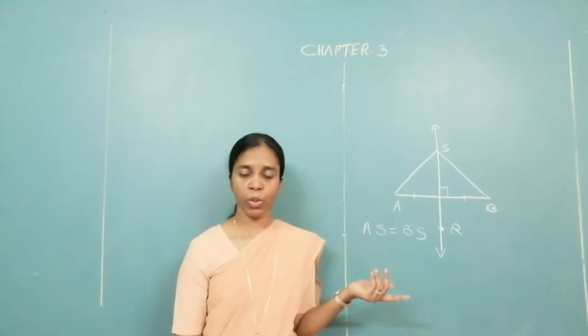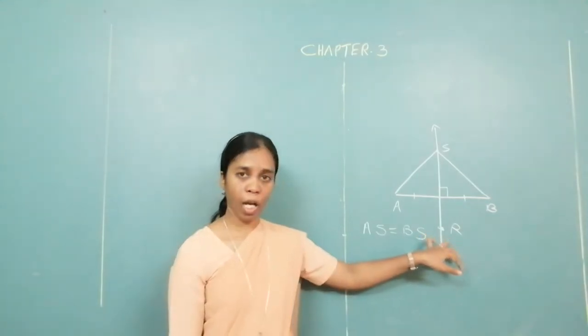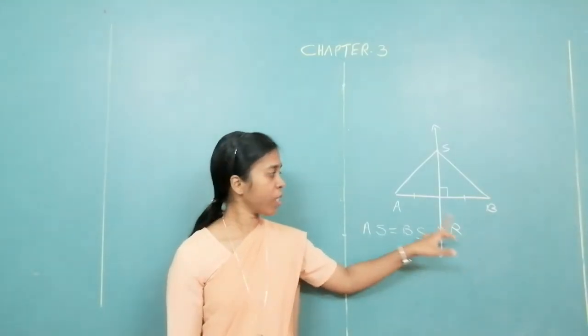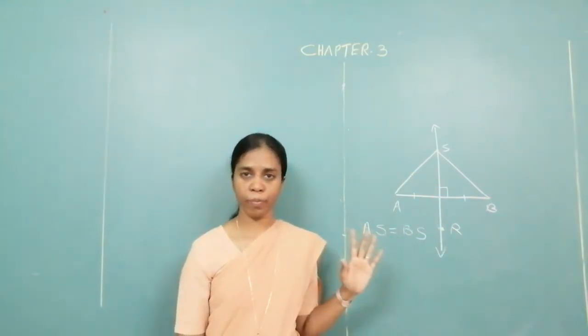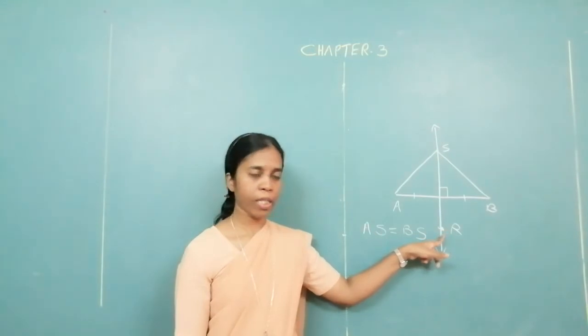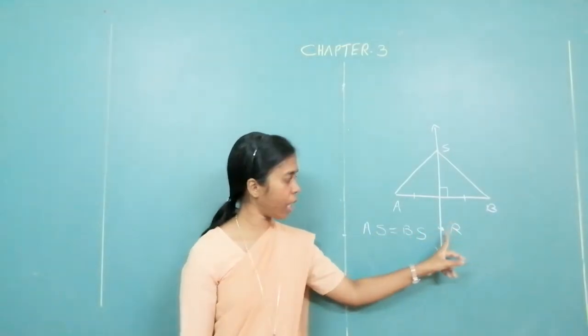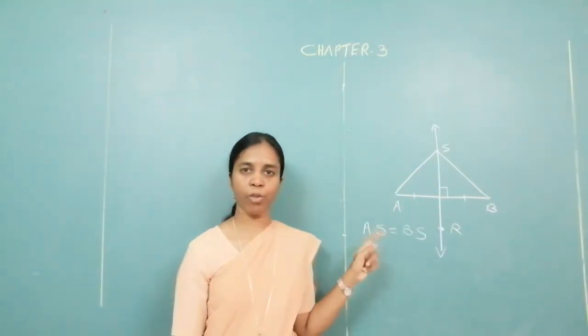Vice versa also. That is, if point R is equidistant from A and B, then R is lying on the perpendicular bisector. You are told that R is equidistant from A and B, then R lies on the perpendicular bisector of AB.